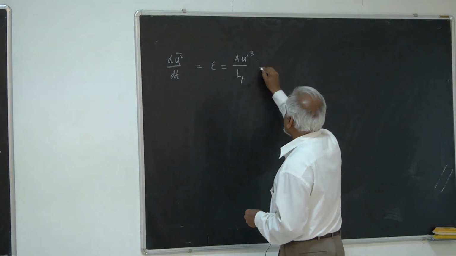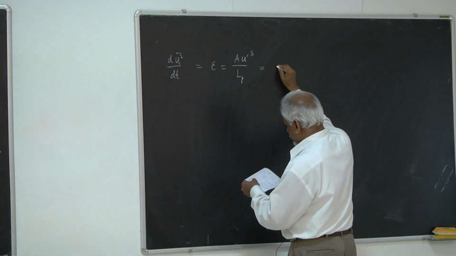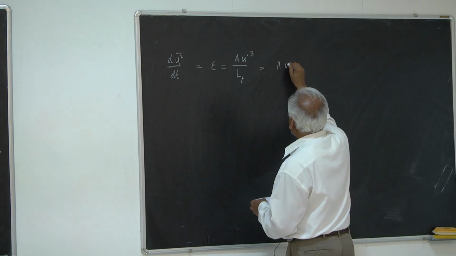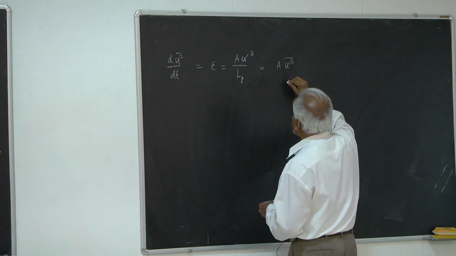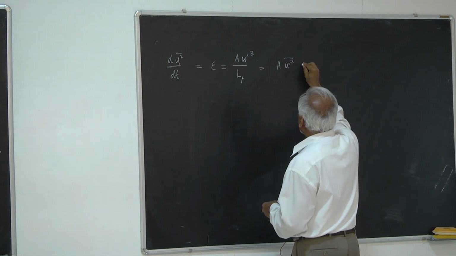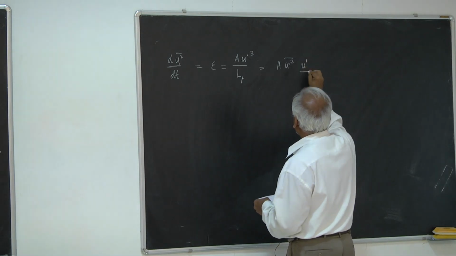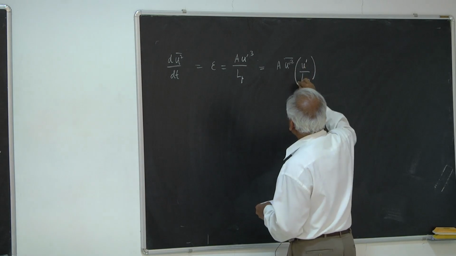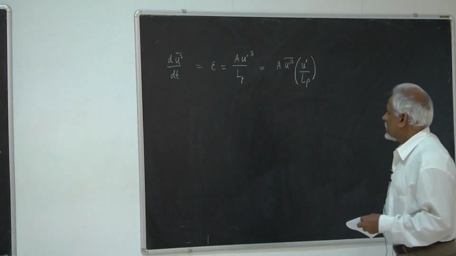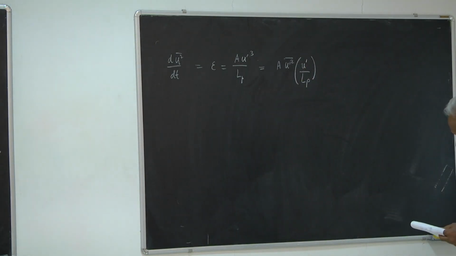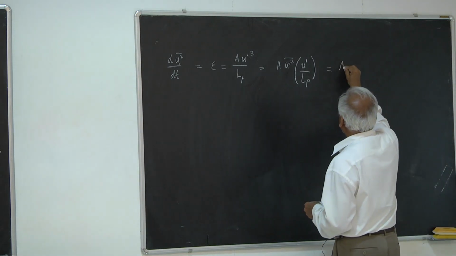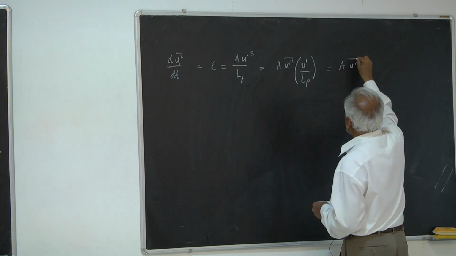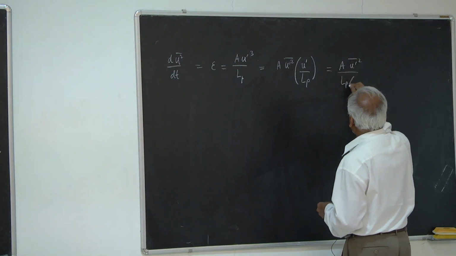You can write this in this form, a u prime squared, times another u prime over LP. Just rewriting the same thing. Or in the way I want it, u squared over LP by u prime.